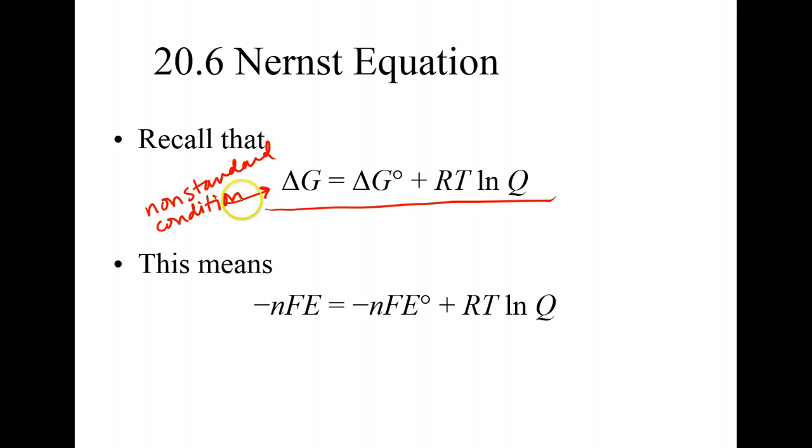So if we have gases that are not at 1 atmosphere, or molarities that are not 1 molar, those would be non-standard conditions. As we worked through this equation back in chapter 19, anytime we see this little degree marker, that is your standard delta G.